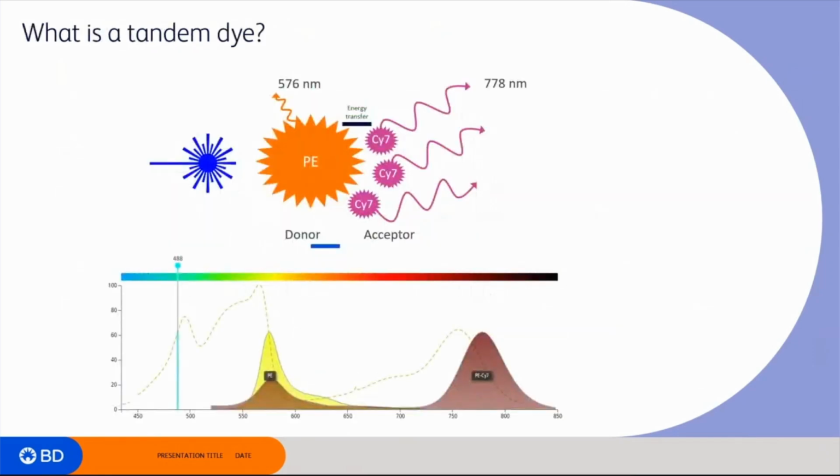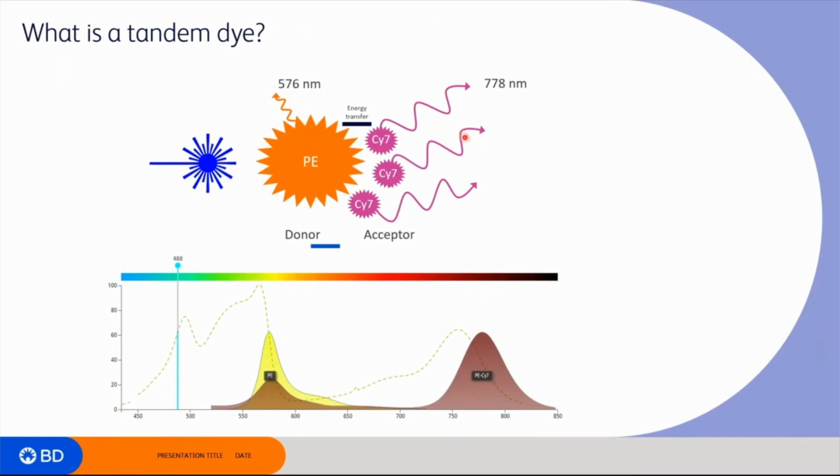So what is a tandem dye? A tandem dye is a combination of 2 dyes. One dye, in this case PE, acts as an energy donor. So when this PE molecule is excited by the blue laser, it will transfer energy, or electrons, to the Cy7 molecules. The Cy7 dye molecule will get excited by this energy and emit light at a longer wavelength.